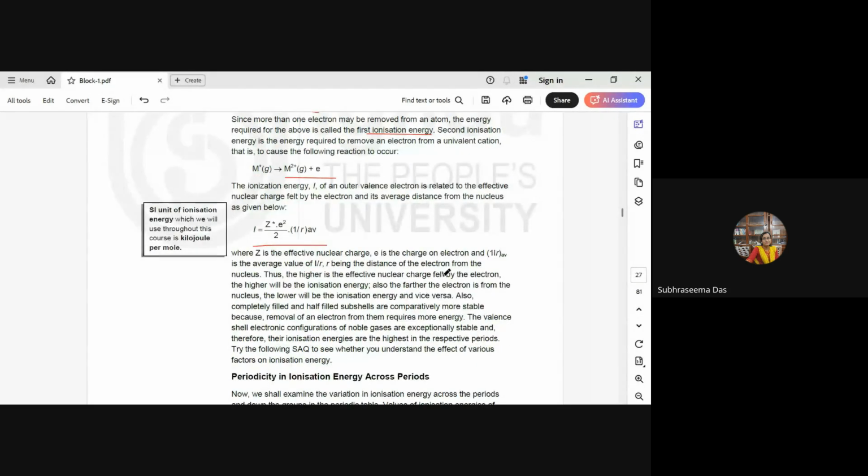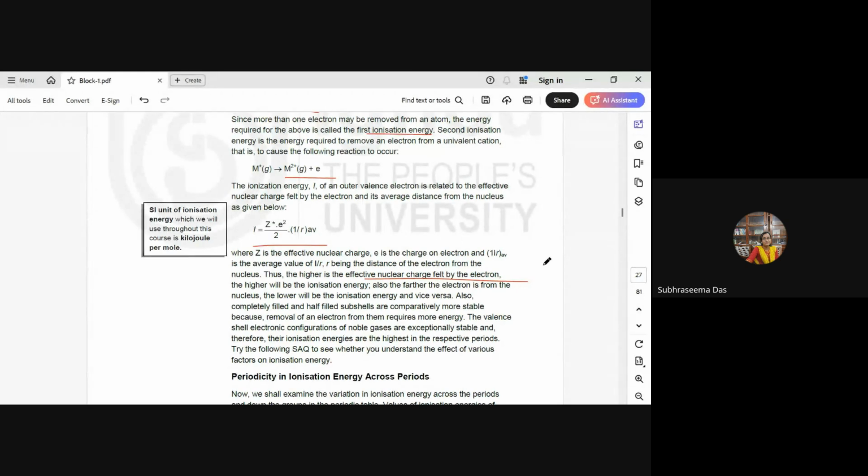The higher the effective nuclear charge felt by the electron, the more energy will be required, and thus the ionization energy will also be high. If an electron is present very far from the nucleus, then low energy will be required to remove it, and thus the ionization energy will be very low.